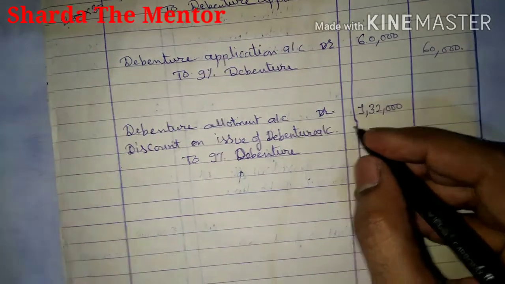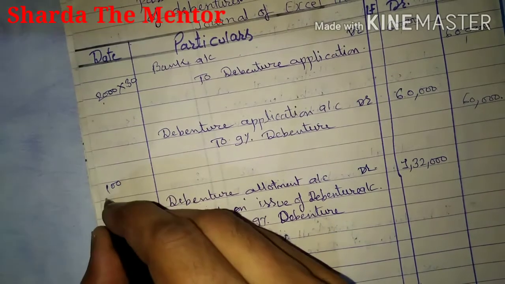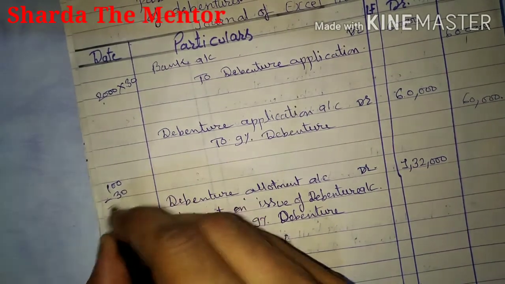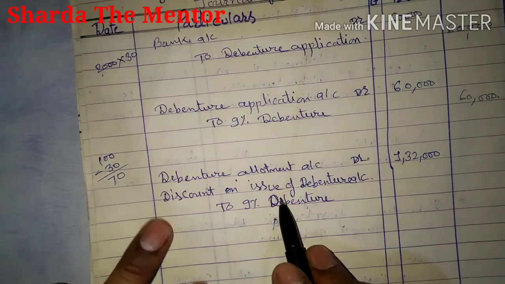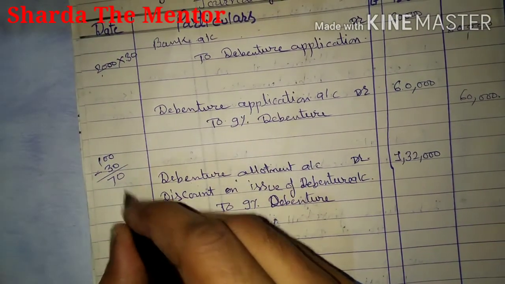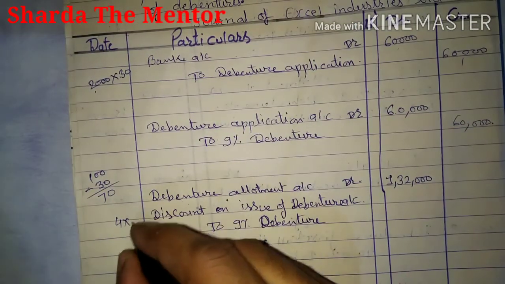Now how to calculate it: the value of the debenture is 100 minus 30, so the remaining amount is 70, that you have to mention here. Now out of that 70, 4 rupees is the discount value that we have already calculated.